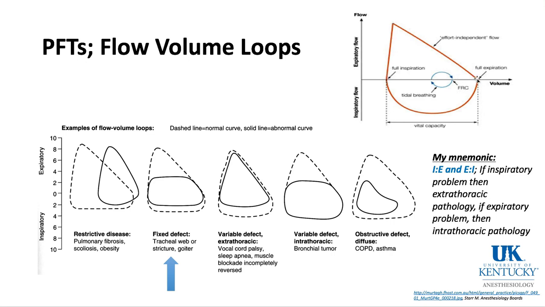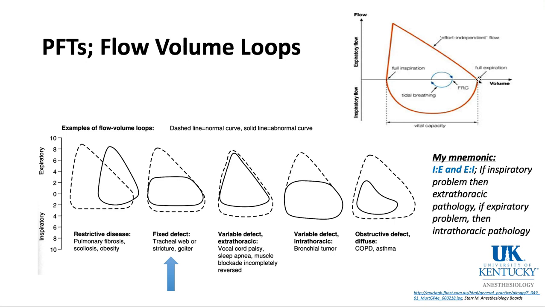So if we look at the far right, we have the beginning of inspiration, take a big deep breath in, and then full expiration, which looks relatively triangular as opposed to the inspiration looking like a hemisphere. That's the classic shape of a flow volume loop. The end of full expiration would be the gas trapped in your lung or residual volume.